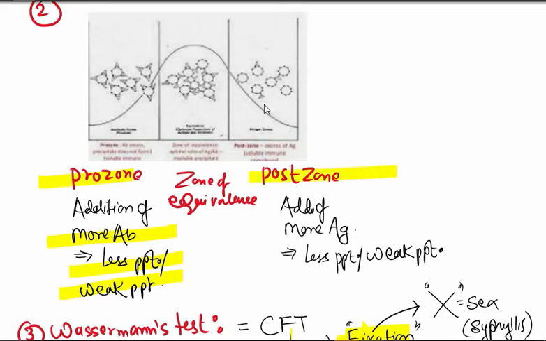What is postzone? It is the addition of more antigen that will produce less or weak precipitation. So again, prozone we are talking about antibodies, and in postzone if we are adding more antigen, then there will be less or weak precipitation.